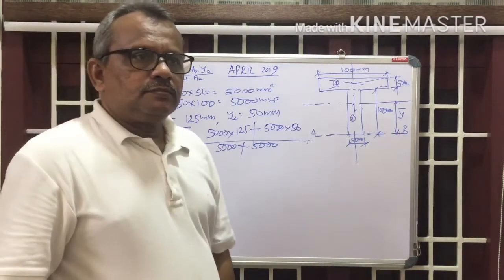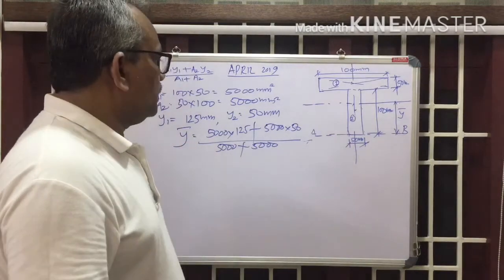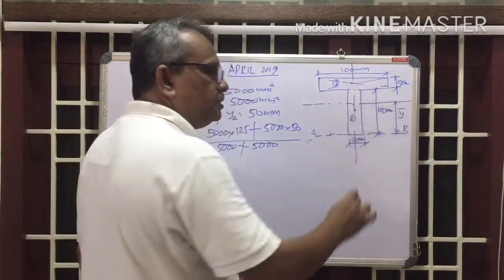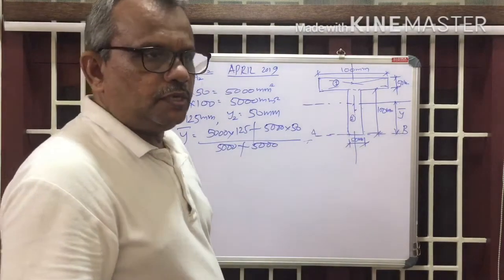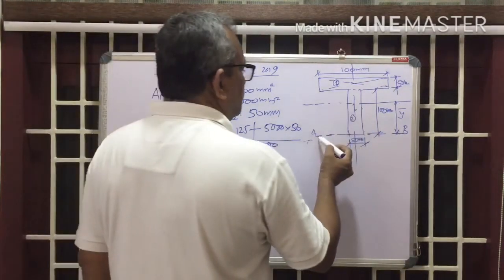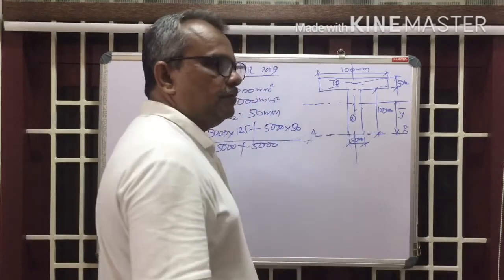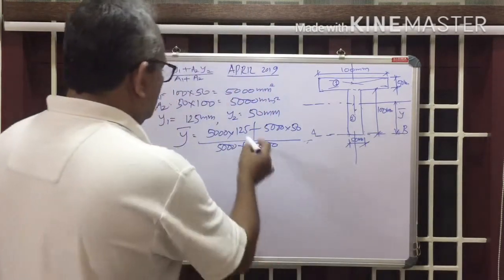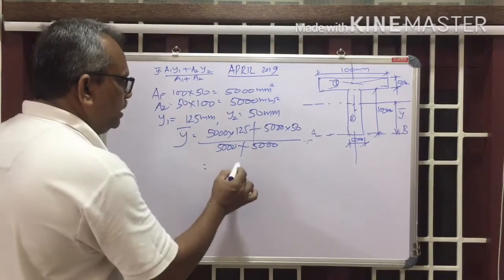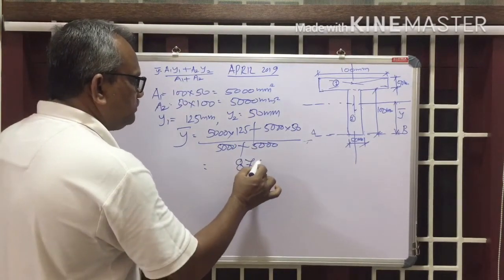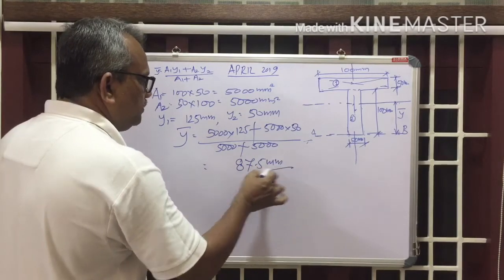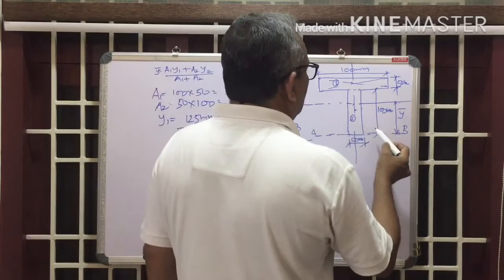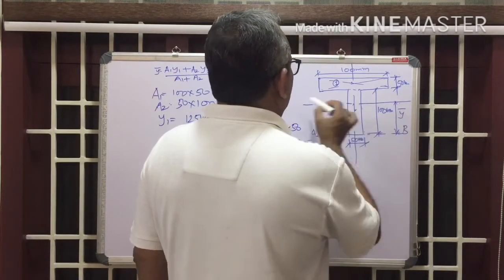Y bar means the CG, the center of gravity or the centroid, of the whole T-section about the same datum line AB. When you calculate, you will get Y bar equal to 87.5 mm from AB to the center of gravity.